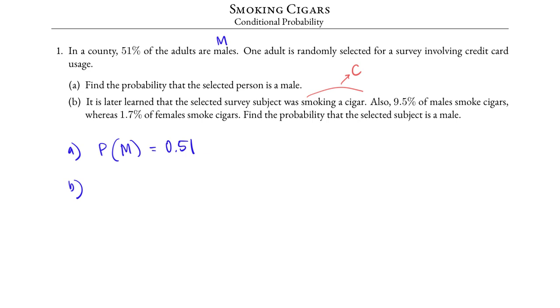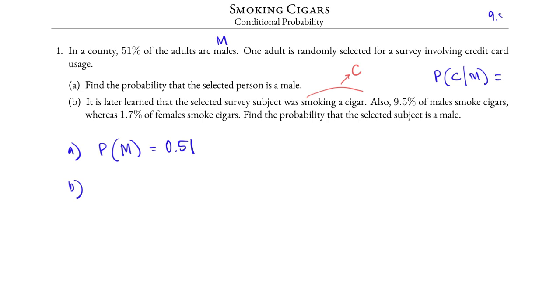9.5% of males smoke cigars, meaning if we know that the person is a male, the probability that he smokes cigars is 9.5%. So this is the probability that the person smokes cigars given that that person is a male.